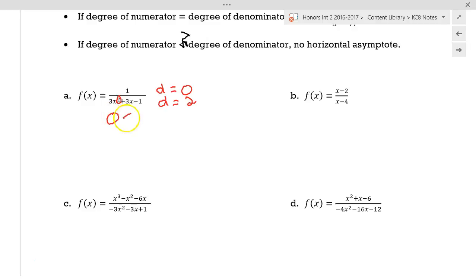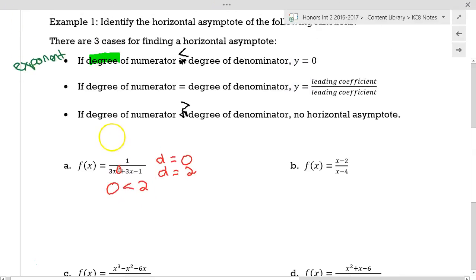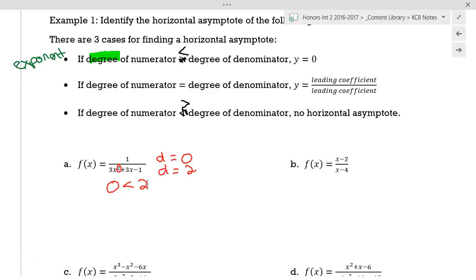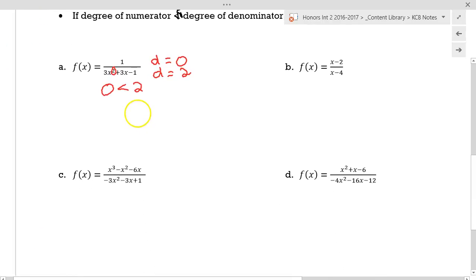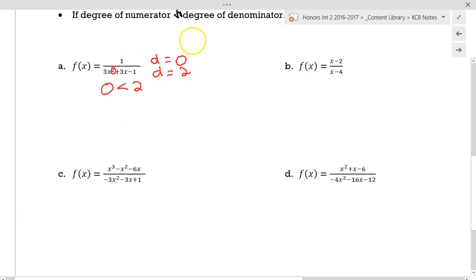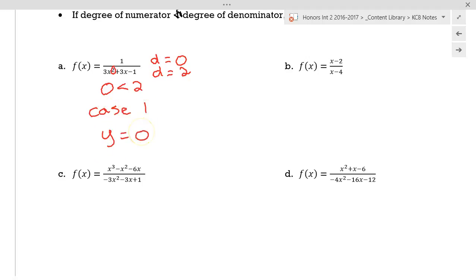So 0 is less than 2, which falls under case 1. If the degree of my numerator is less than the degree of my denominator, y equals 0.